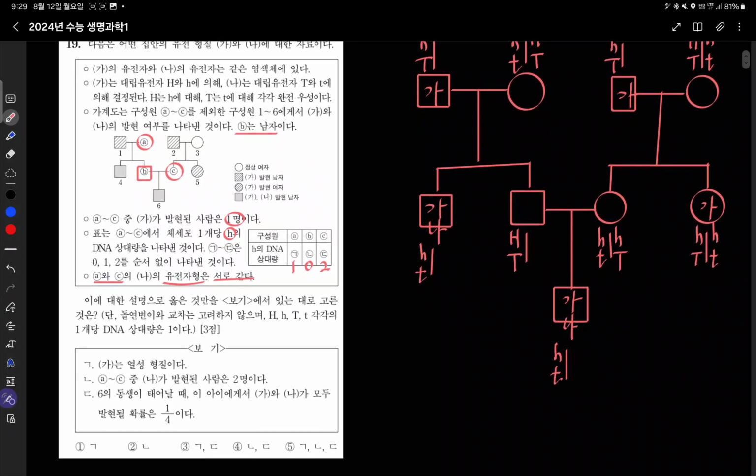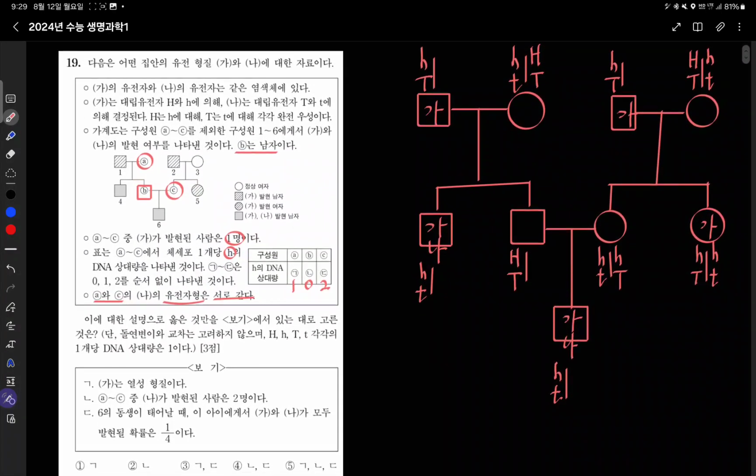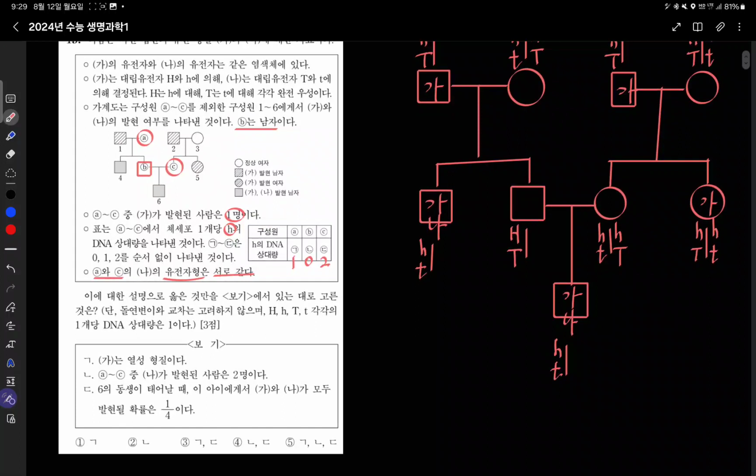That's about the information of this pedigree. And if we choose the right statement from the box, the first statement is right. The first trait is recessive.